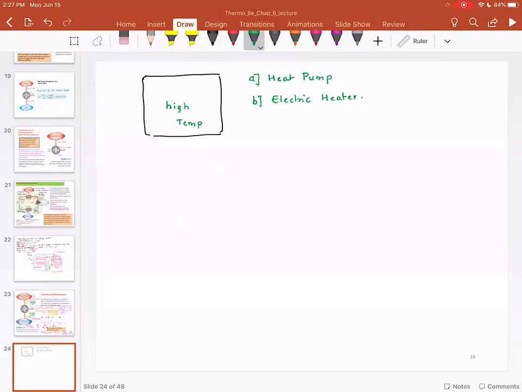Now, let me ask you this. Which will be more efficient, heat pump or electric heater?